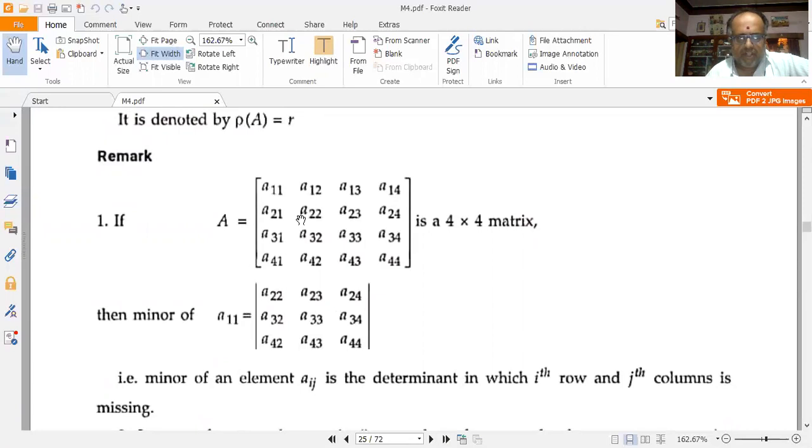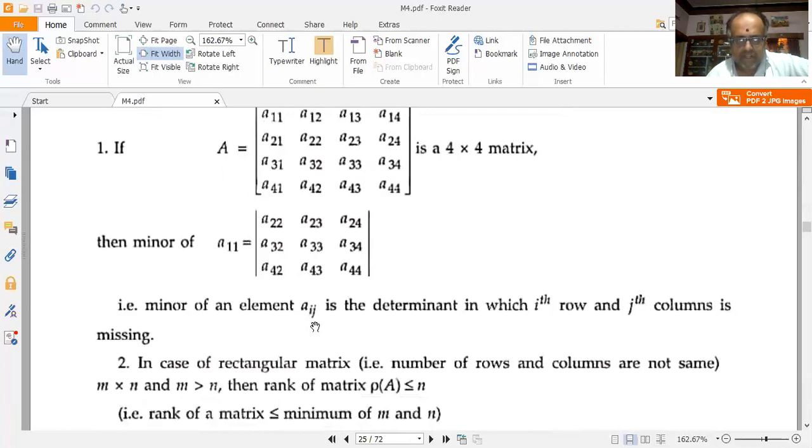That is, for A11, delete the first row and the first column. The determinant that is obtained by deleting the first row and the first column with respect to 1, 1 would be the corresponding minor of it. So that's how this has been obtained.